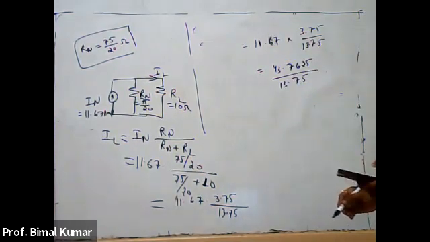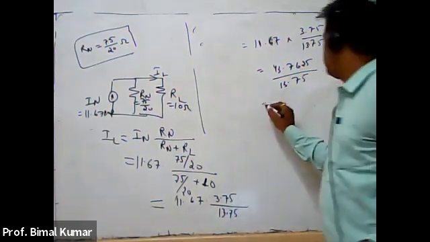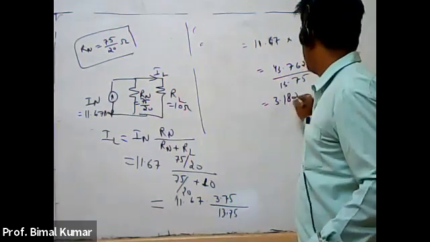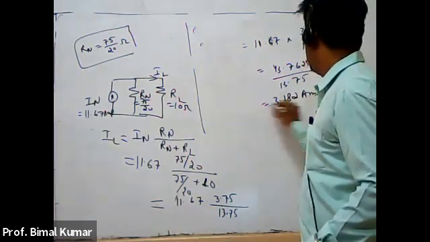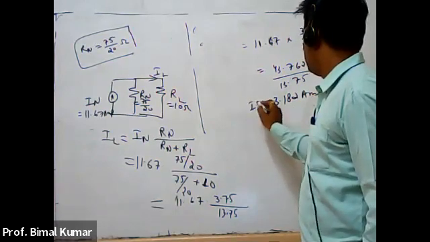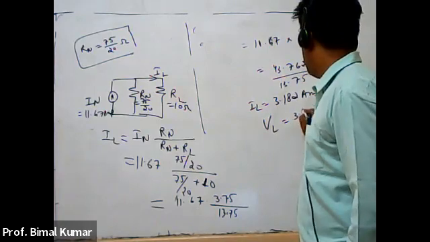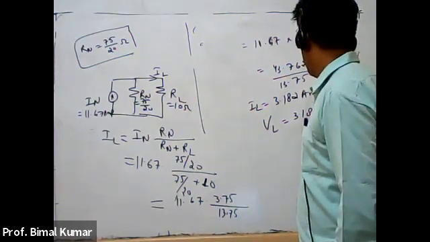So equal to this divided by 13.75. So this will be 3.182 ampere, right? So this is your value of IL, and VL is equal to 3.182 into 10.